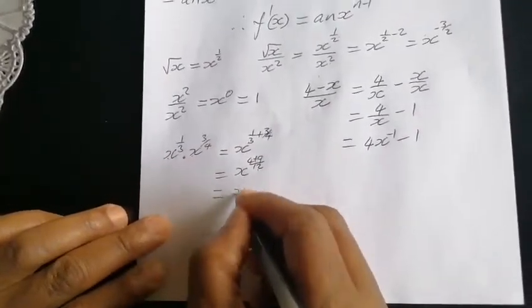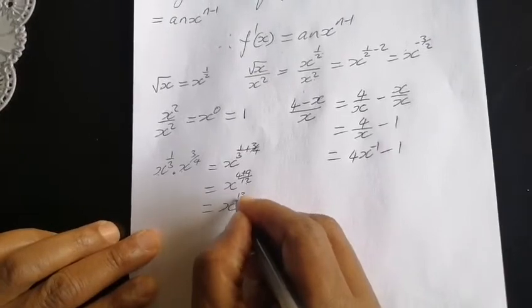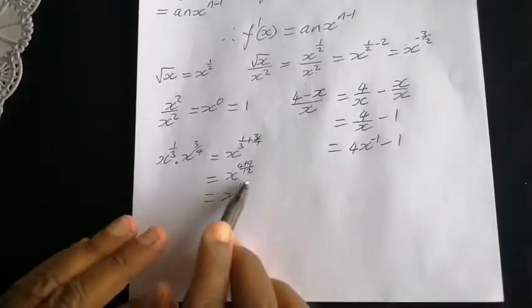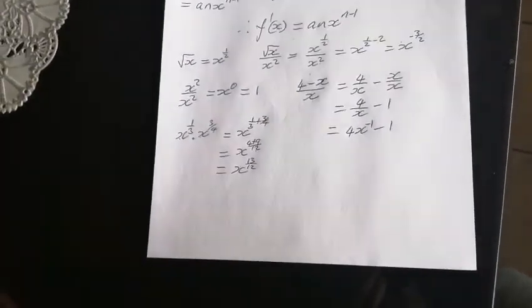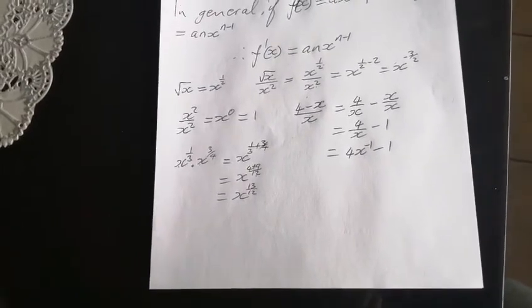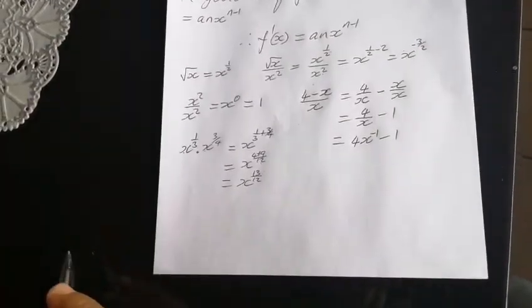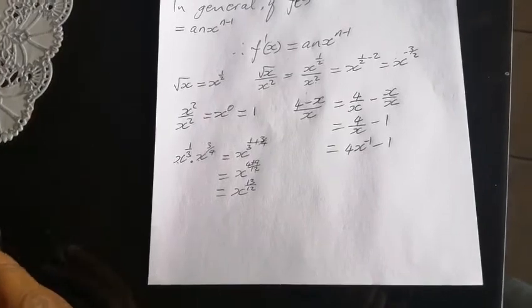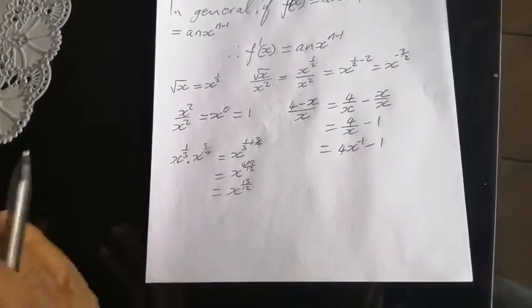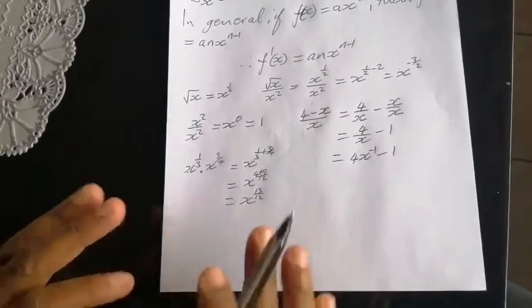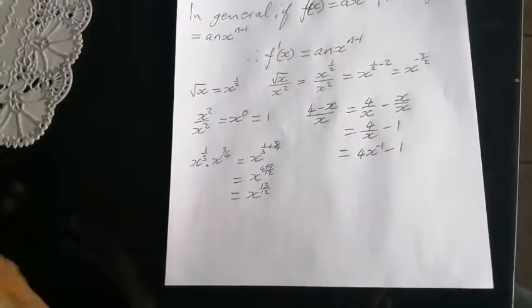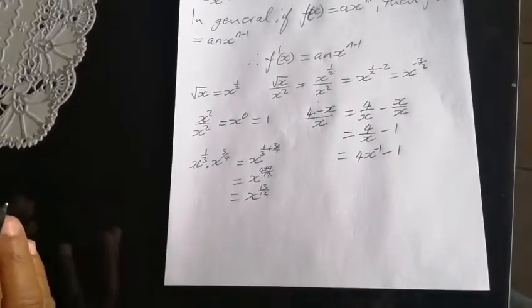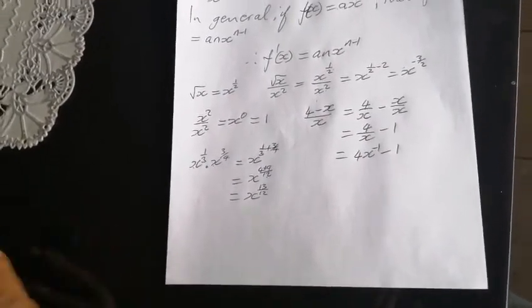So this will give us x to the power 13 over 12. Then we are now able to differentiate. As usual, this will come down, but we answer questions. We don't just differentiate if the question is not asking us to differentiate. In this case, I was showing you how to manipulate given expressions for them to be able to be differentiated.